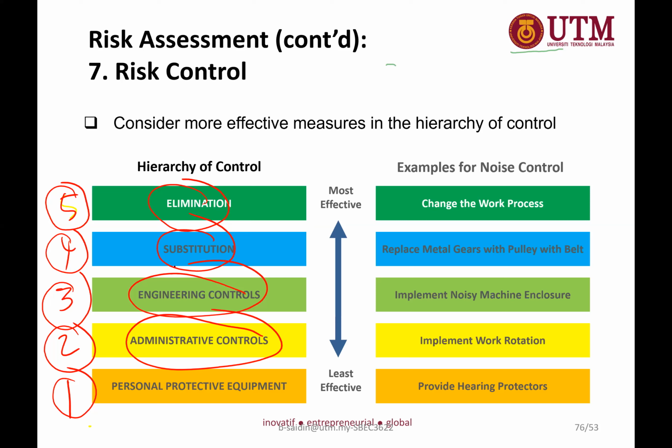Every person will work only 1 hour in that particular area, so that we can reduce the impact of noise. That may not be a permanent solution, but at least we already minimize the noise issue.